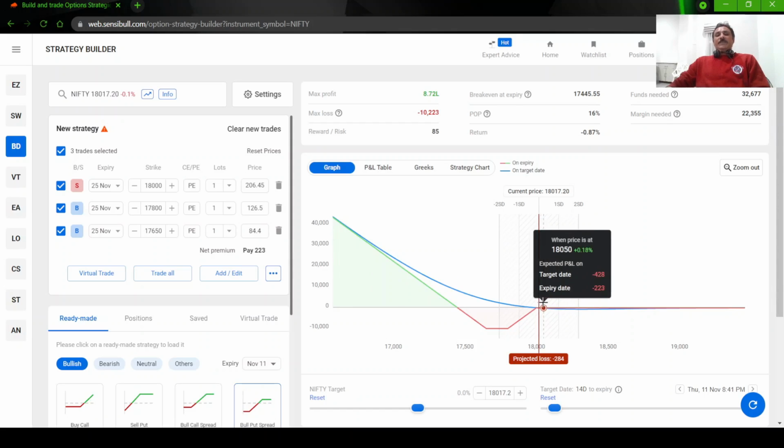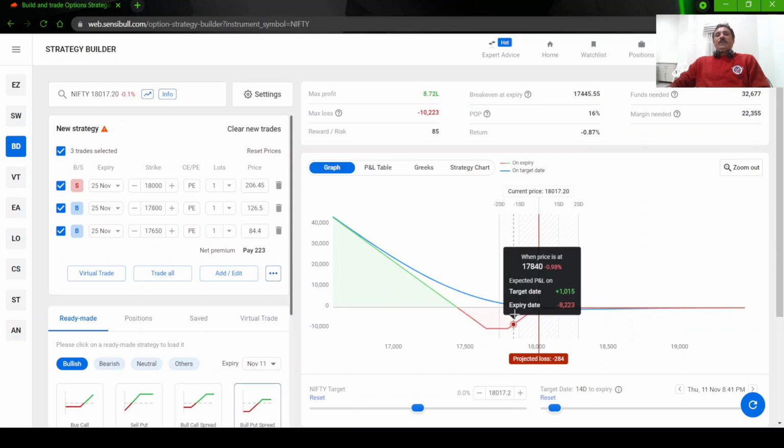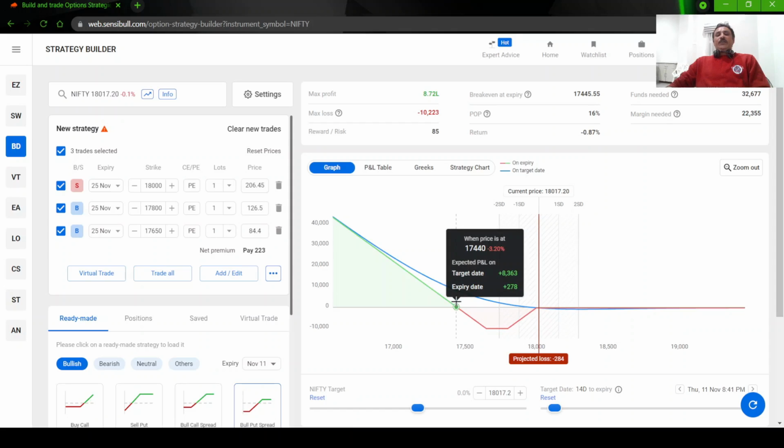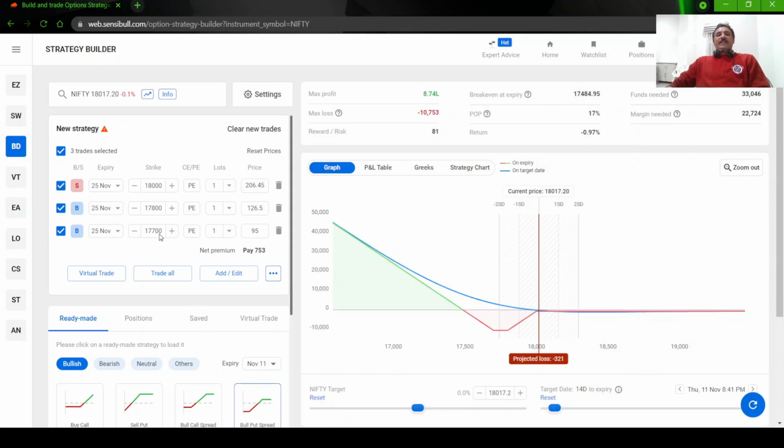So on the upside, we are at break even. If the market goes up, we are going to lose only the premium we paid, which is absolutely nothing. And if the market goes down, once you are coming down a little bit on the strikes, like we were at 17,700, right?